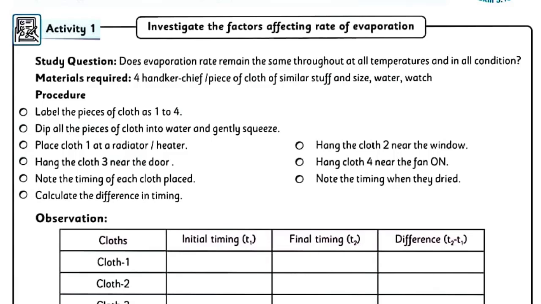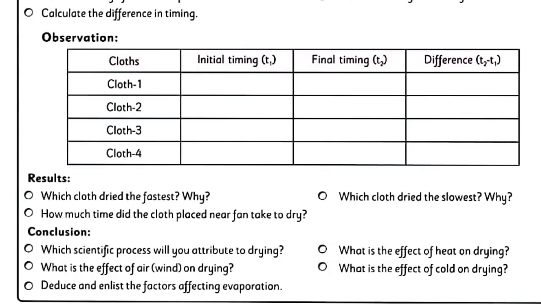Note the timing of each cloth placed. Note the timing when they dried. Calculate the difference in timing. Results: which cloth dried the fastest? Why? Which cloth dried the slowest? Why?